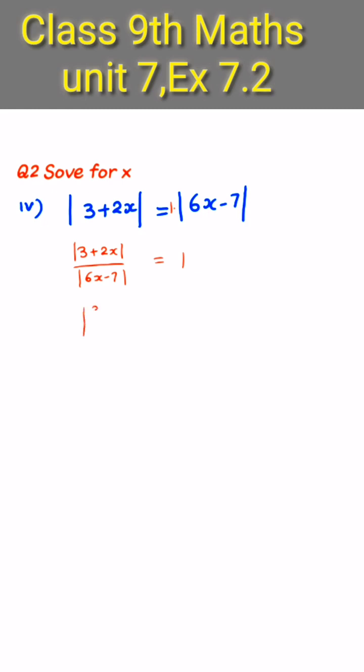Now 3 plus 2x over 6x minus 7 will be equal to 1. By definition, we have two cases. 3 plus 2x over 6x minus 7 is equal to plus minus 1.